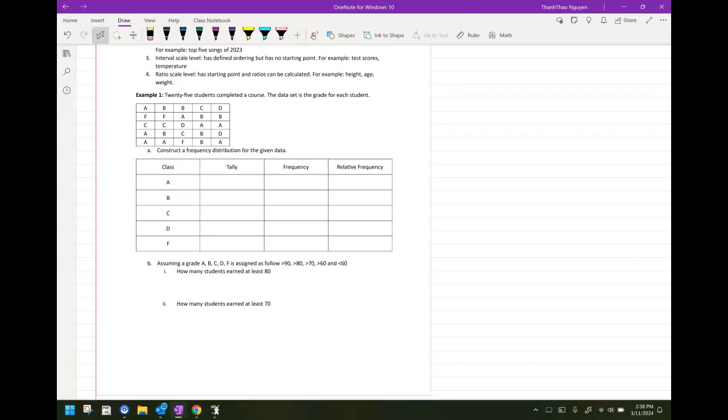The first column is the class or the category. We have the tally. We'll count the tally for the frequency, and then we calculate the relative frequency. So let's tally.